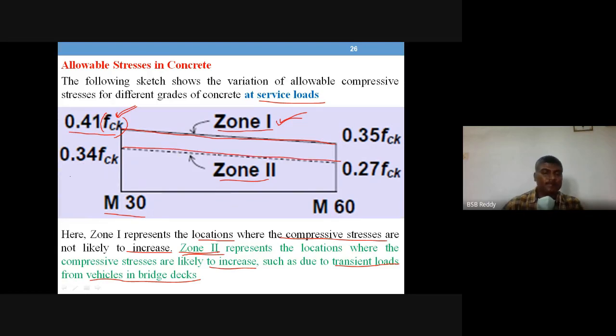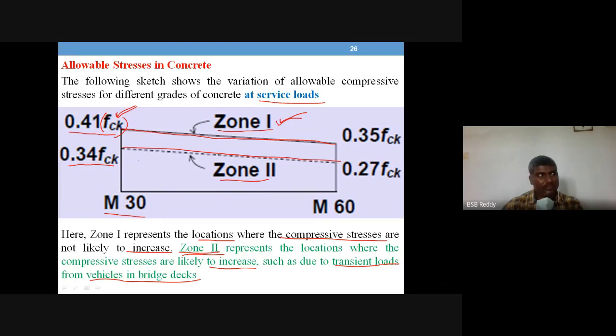You can see that for the transient loads a bridge deck has, we permit lesser compressive stresses to develop at service loads, so more safety is taken care of.